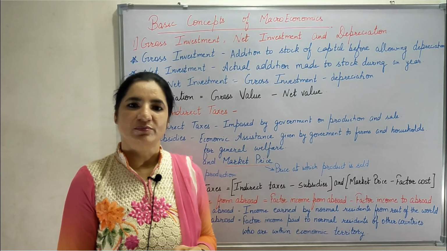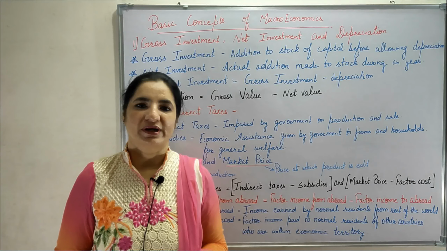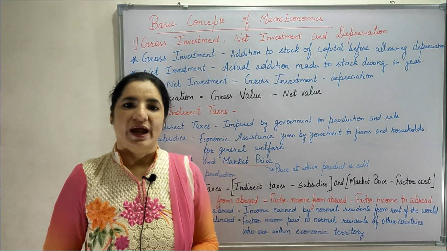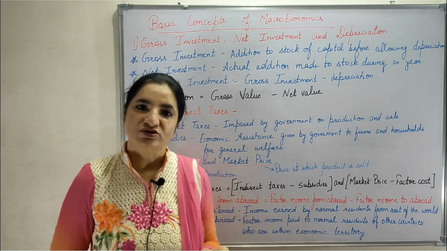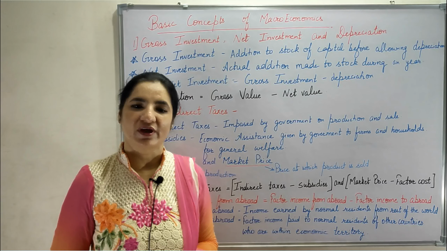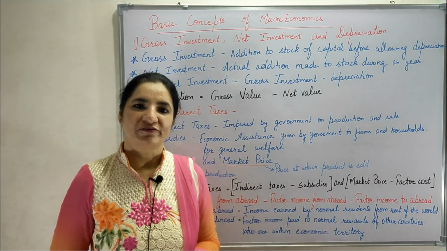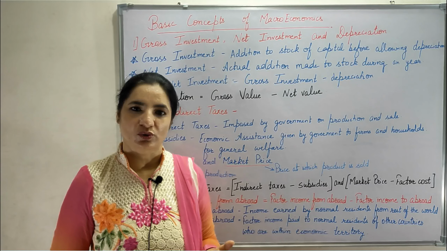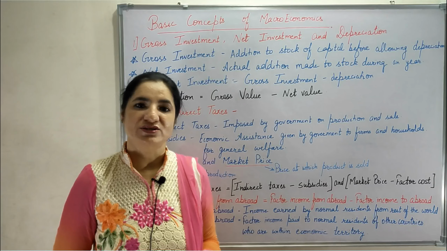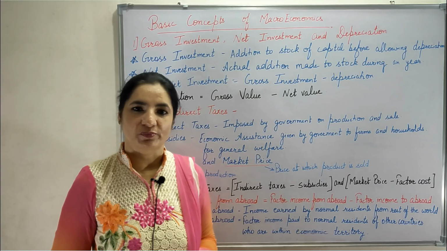Suppose after producing some units in a firm, the tax imposed by the government is 10%. And the cost of production of one unit is ₹5, and 10% tax is imposed, that is 0.5. So the market price of the good is now 5.5 rupees.